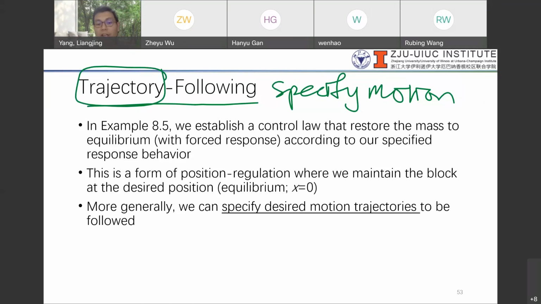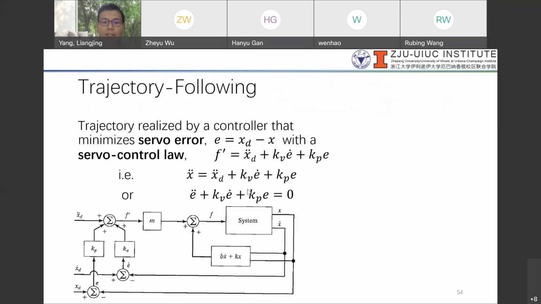More generally, we can specify this desired motion trajectory to be followed. So now we are looking at this force response where we have a controller to tell us what kind of force to send in to do this trajectory following. Here we apply the same thing, but we want to minimize the error, remember? If we have a desired displacement xd, then xd minus x is going to be the error.